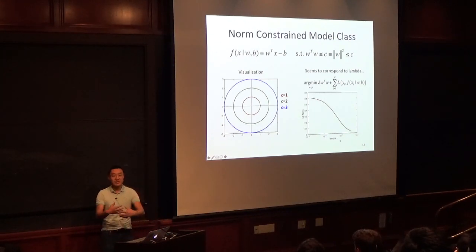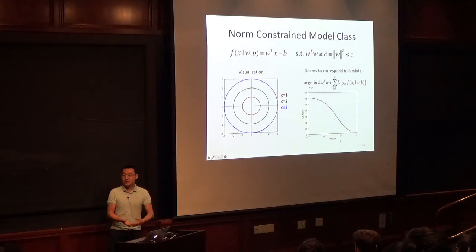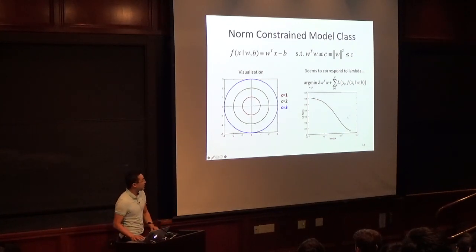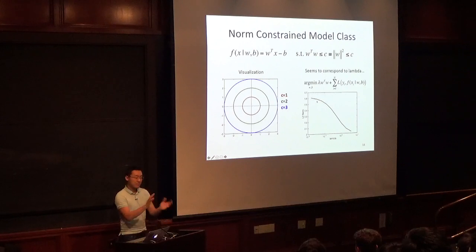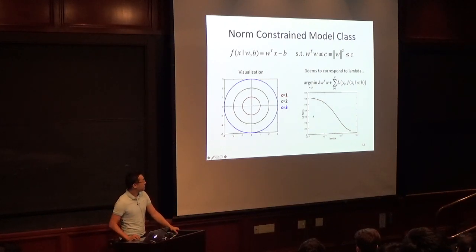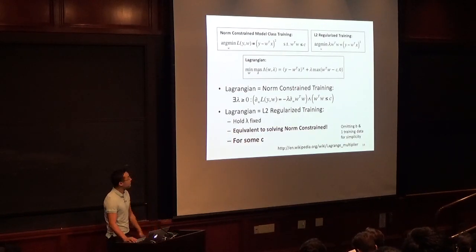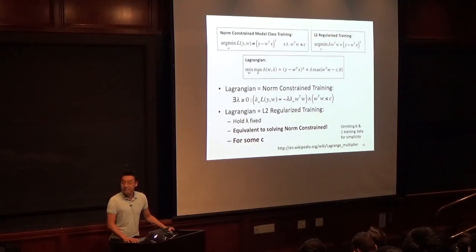I said for every choice of C, there exists a lambda that gives you that 2 norm. Here, for every choice of lambda, it gives you a certain C. But you can see that there's a close relationship. And in the non-degenerate region, this relationship is a bijection. So it doesn't matter which direction you say the implication. Any questions on that?